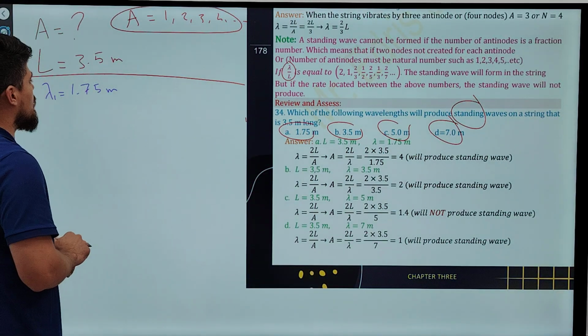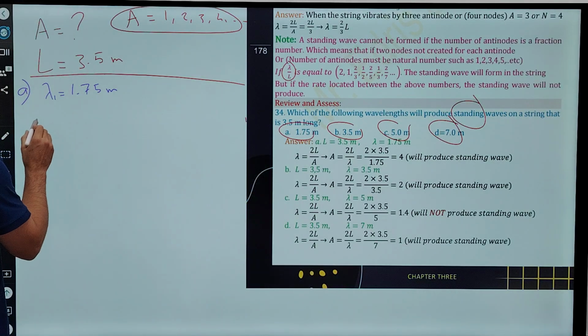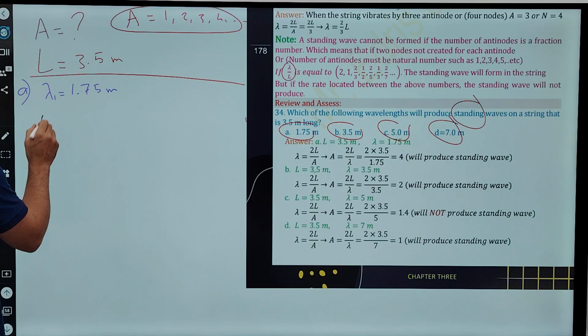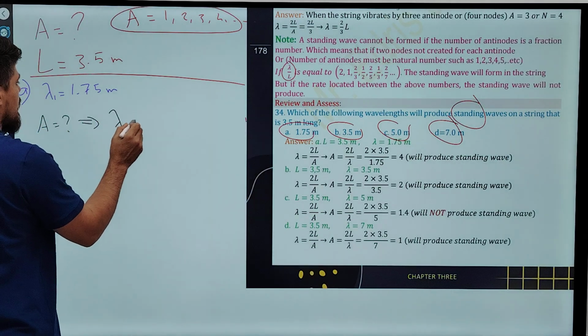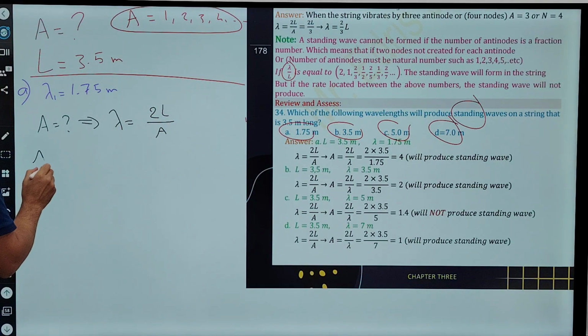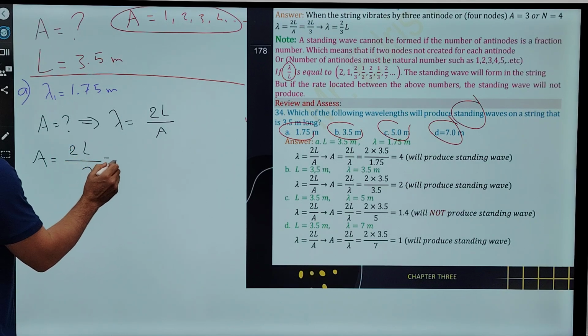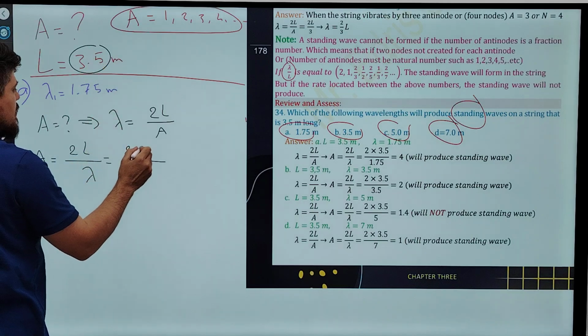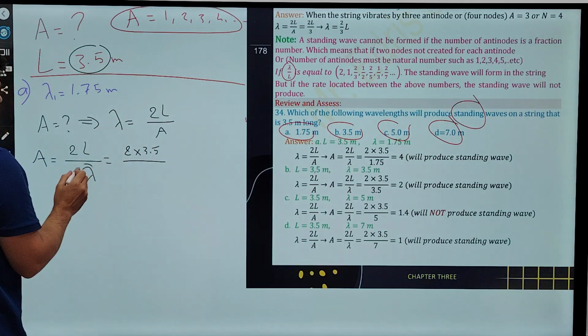When lambda 1 is equal to 1.75, how can you determine the antinode? We have to find A. According to this equation, wavelength is equal to 2L over A. If you rearrange this equation, A is equal to 2L over wavelength. Do we have L? Yes, 3.5. Do we have the wavelength?